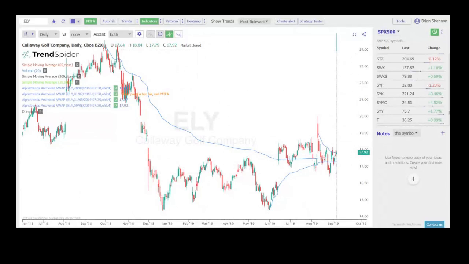Resistance broken tends to act as support because there's horizontal price memory. Well, the most accurate memory is not a horizontal level, but what is the average price paid since that peak, and how about from that low, and from this peak, and they're all kind of congregating together.